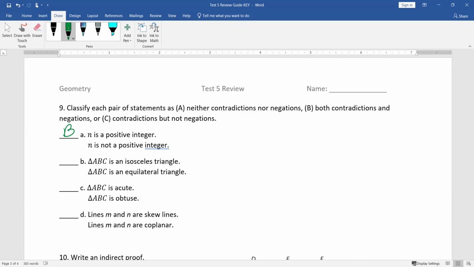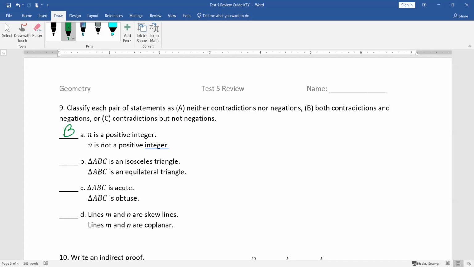Okay, how about our second one? Triangle ABC is an isosceles triangle. Triangle ABC is an equilateral triangle. Can a triangle be both isosceles and equilateral? Is an equilateral triangle also an isosceles triangle? Sure. Yeah, an isosceles triangle has two congruent sides. Does an equilateral triangle still have two congruent sides? It still has two, it just also has a third.